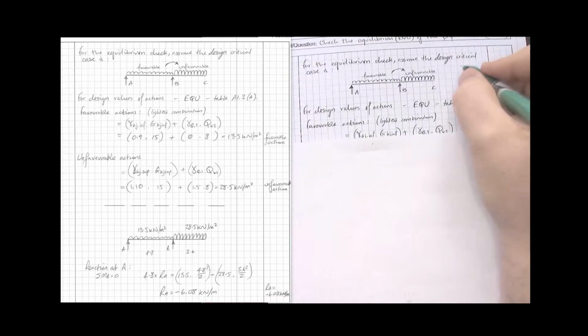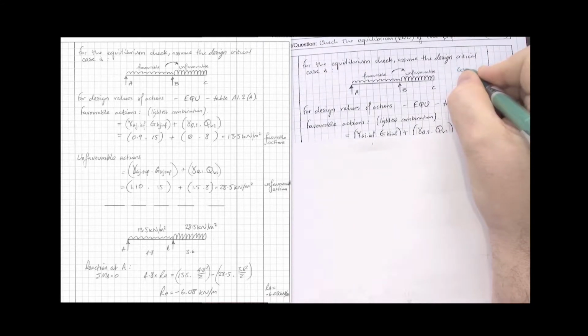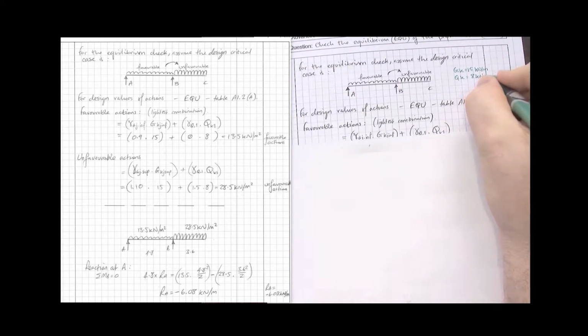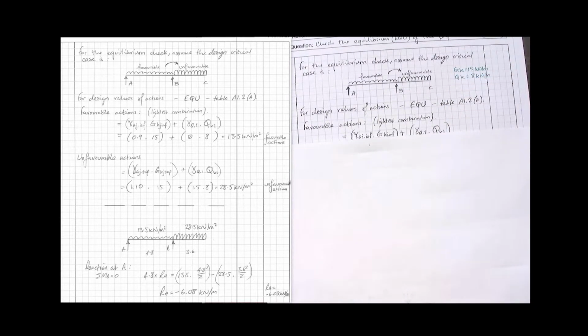We will have another example later on where we've got a couple of variable actions and you can start applying these psi values also to the second variable. It says the characteristic permanent action GK is 15, our QK equals 8 kilonewtons per meter.